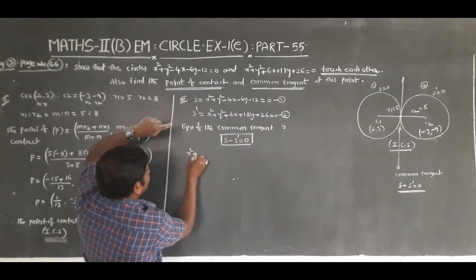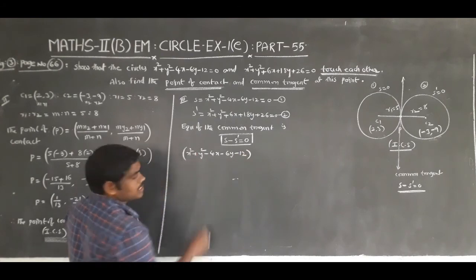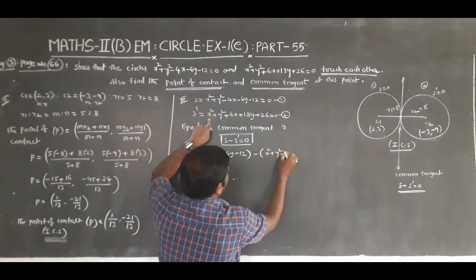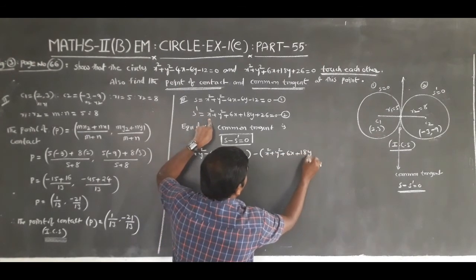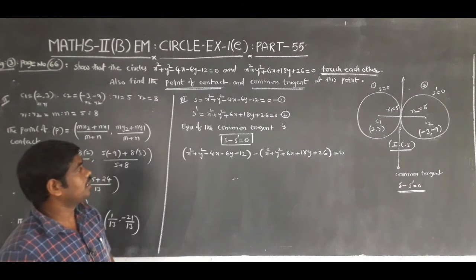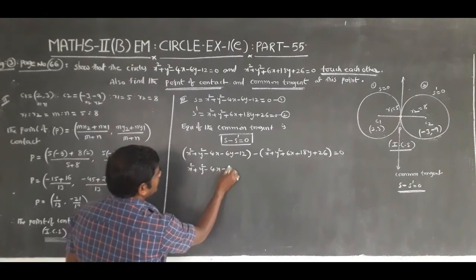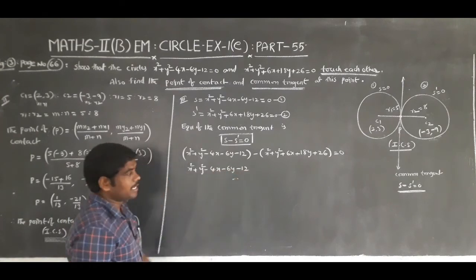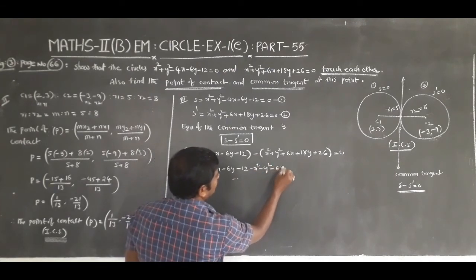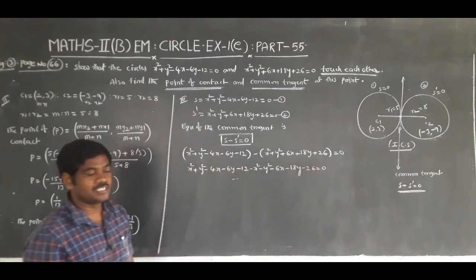So x square plus y square minus 4x minus 6y minus 12, minus S dash, that is x square plus y square plus 6x plus 18y plus 26, is equal to 0, is the equation of the common tangent. Multiplying the bracket with minus: x square plus y square minus 4x minus 6y minus 12 minus x square minus y square minus 6x minus 18y minus 26 is equal to 0.